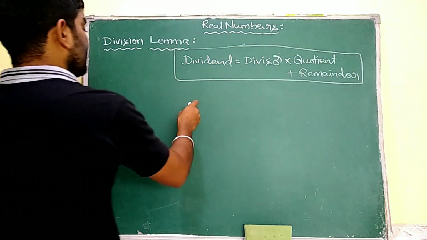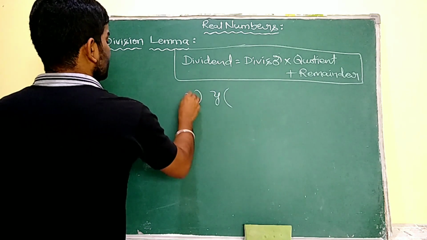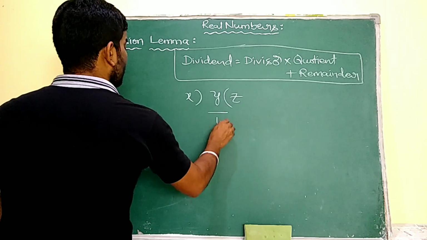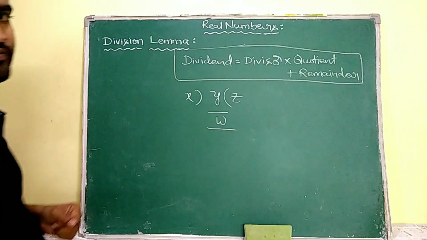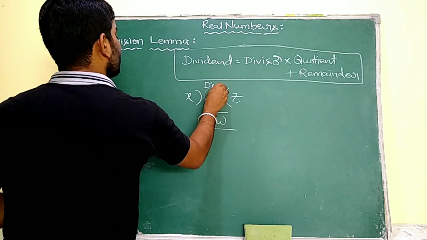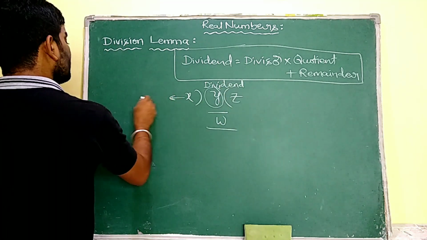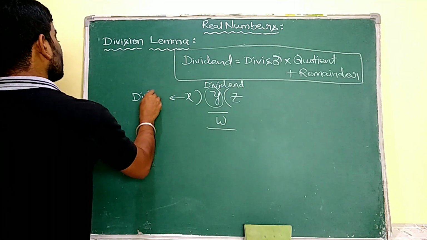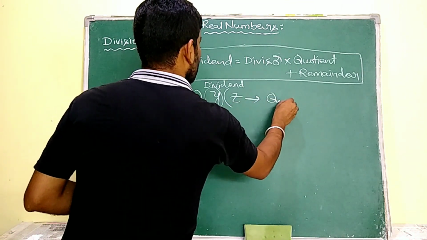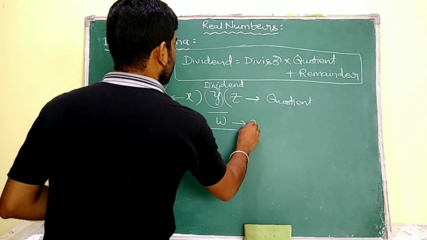For example, I am going to divide y with x, then I am going to get some z as the quotient and some w as remainder, let us assume. Then this is known as dividend, this is known as divisor, this is known as quotient, and this is known as remainder.